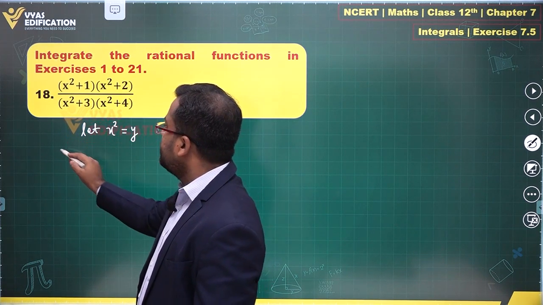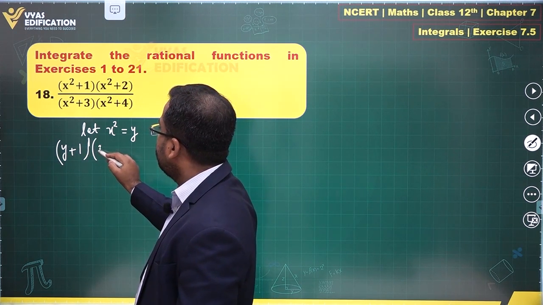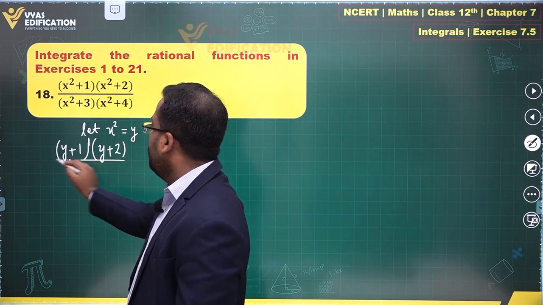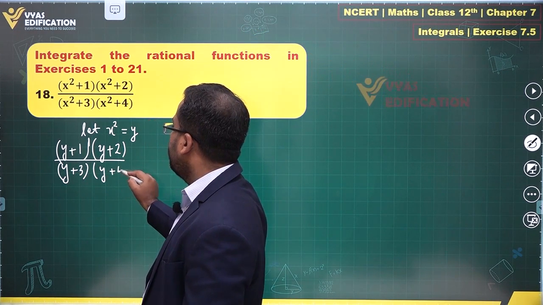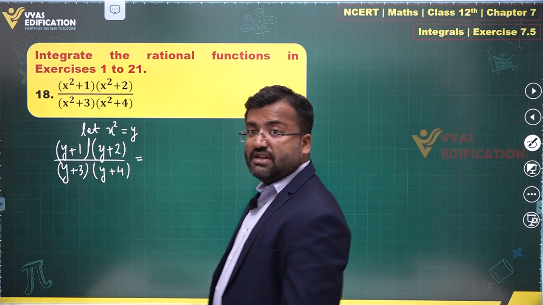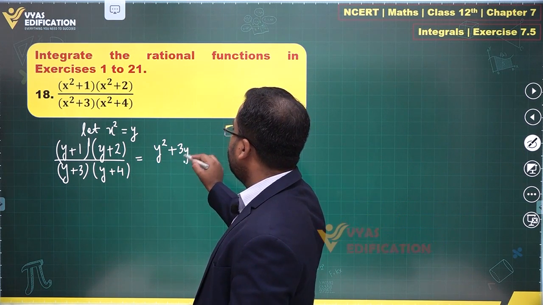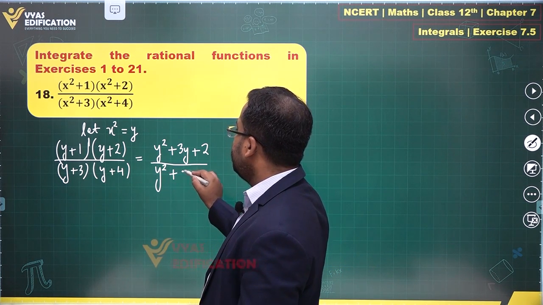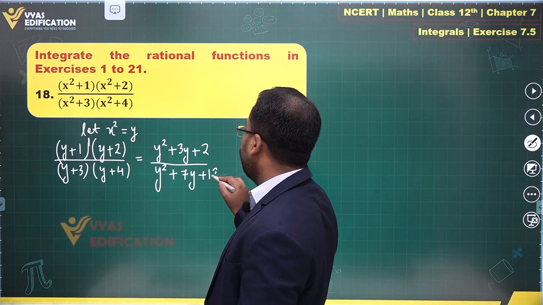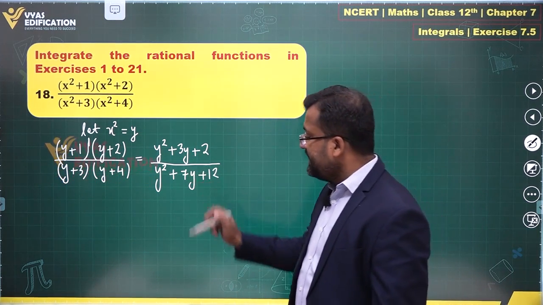And now this complete expression becomes (y plus 1) times (y plus 2) over (y plus 3)(y plus 4). Yes or no? Yes. So this is y square plus 3y plus 2 over y square plus 7y plus 12. Yes or no? Yes. So I can divide this by this.